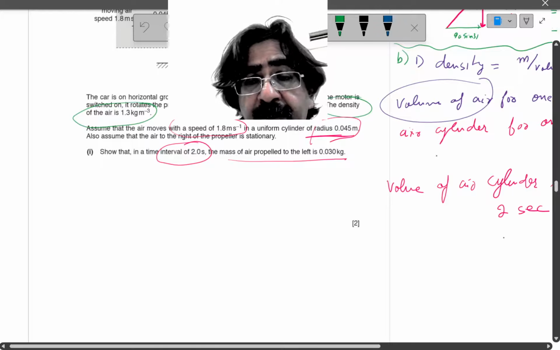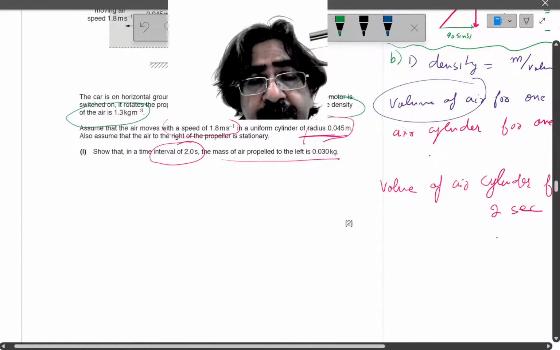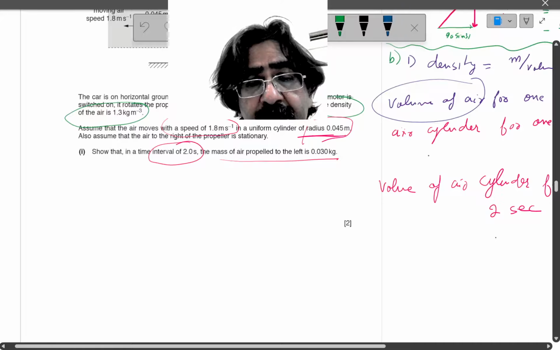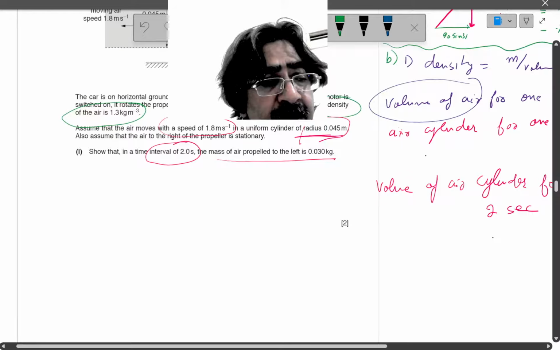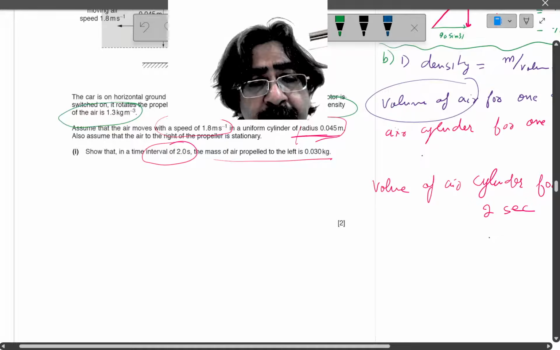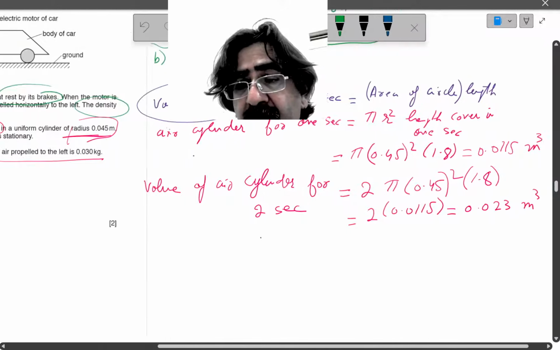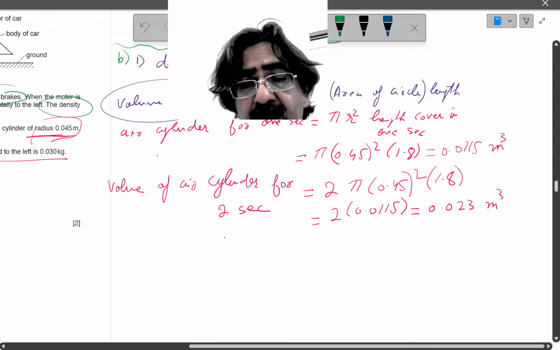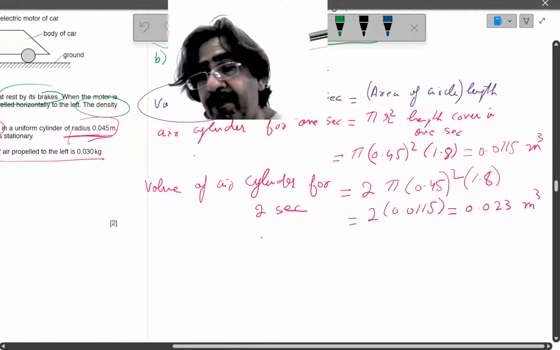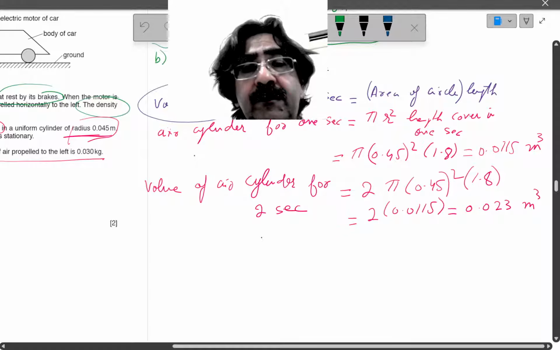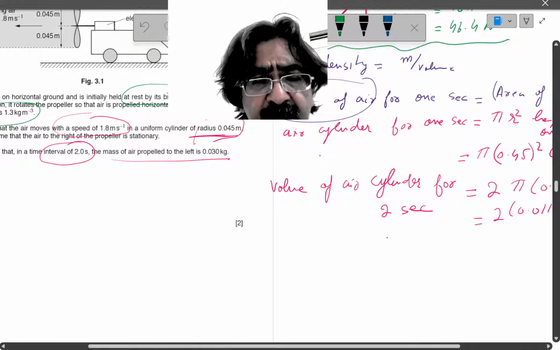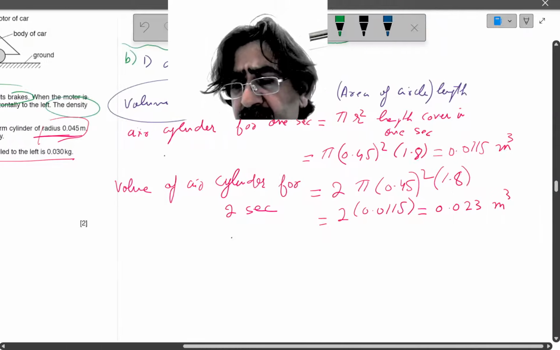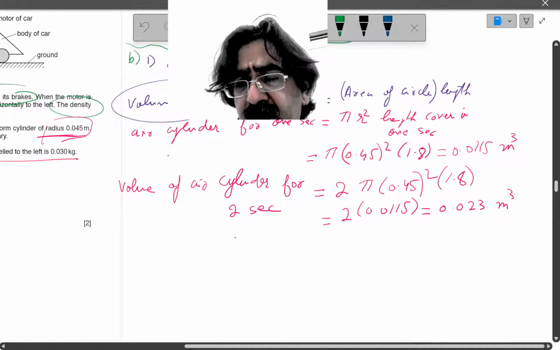Okay, the answer is 0.03 kg. Ours is 0.23.